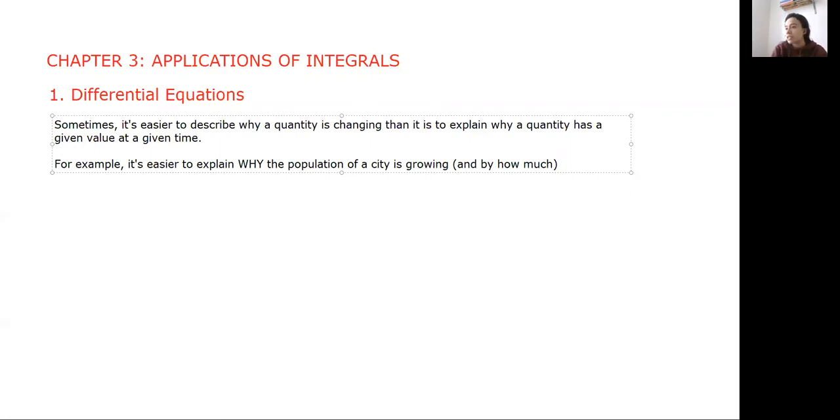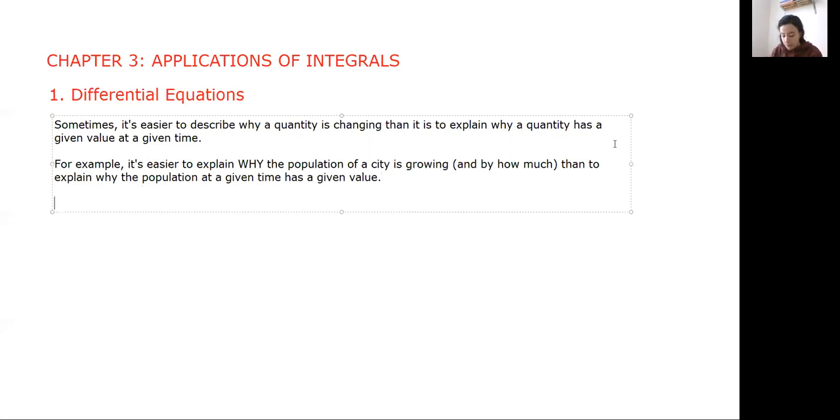So it's easier to explain why the population of a city is growing than to explain why the population at a given time has a given value, right? Does everybody follow this?